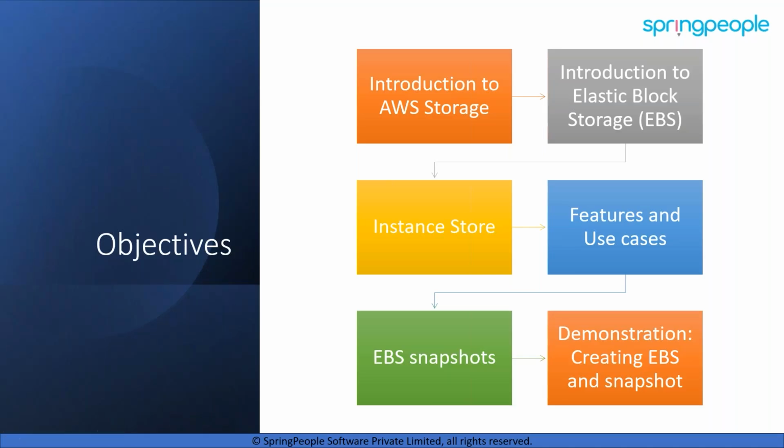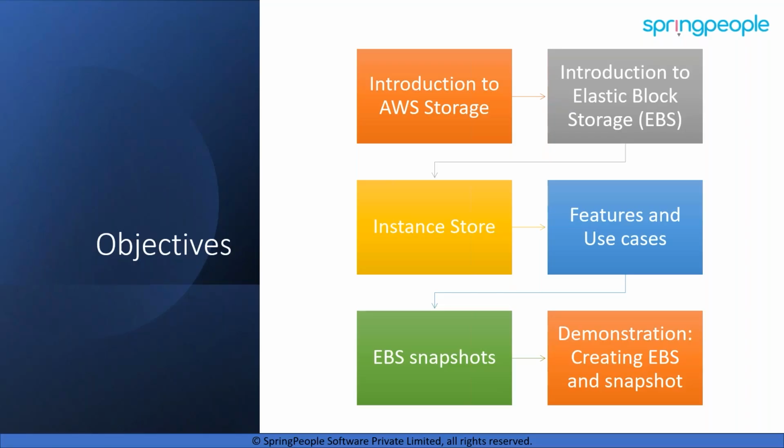These are the objectives of today's session. Initially, I will introduce you to the different options of storage in AWS. Then I will introduce you to elastic block storage. We will have a quick glance at instance store. What exactly is the instance store? Basically, it is one of the types of block storage provided by AWS. Our focus will definitely be on elastic block storage, but I will introduce you to instance store as well.